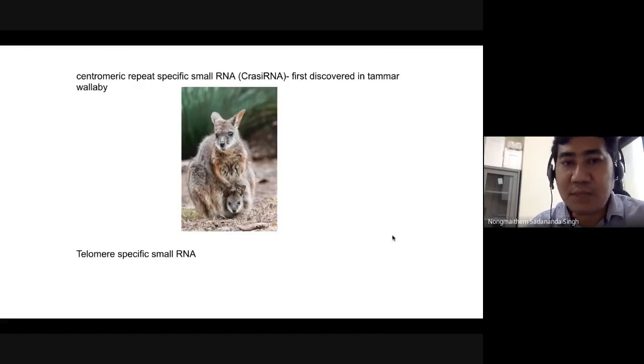And the other two small RNAs are not well studied. One of them is the centromeric repeat specific small RNA, crasiRNA. This was discovered in a marsupial called Tammar wallaby. It has not been observed so well in other organisms.